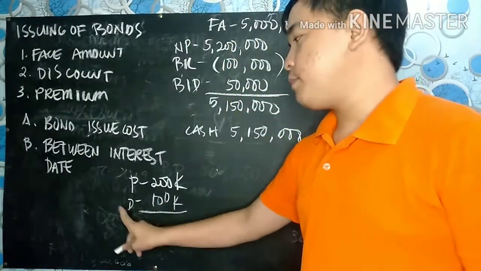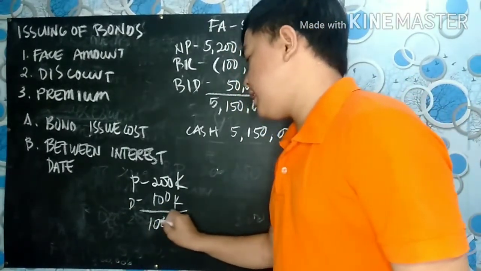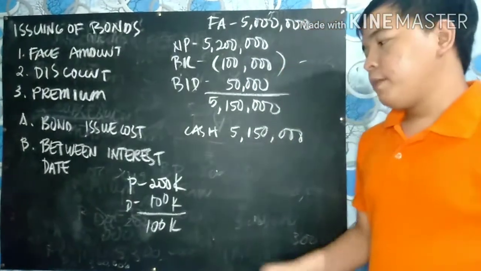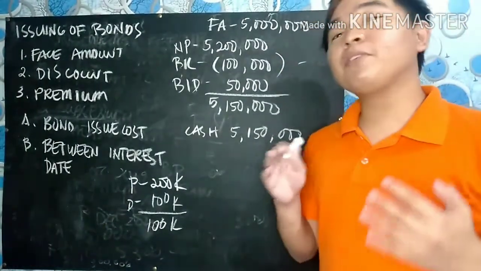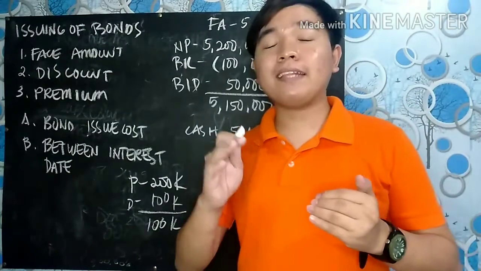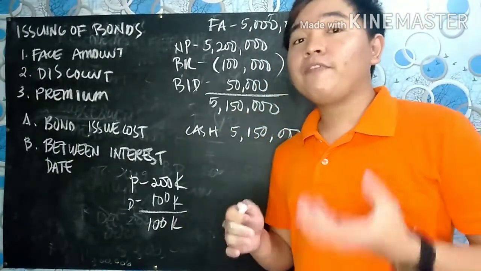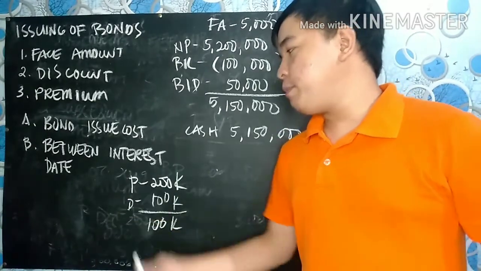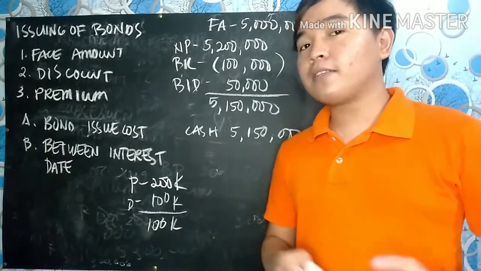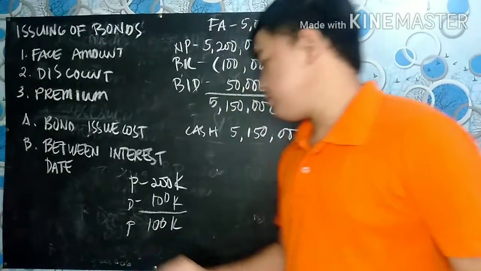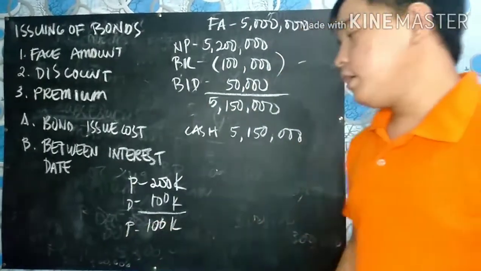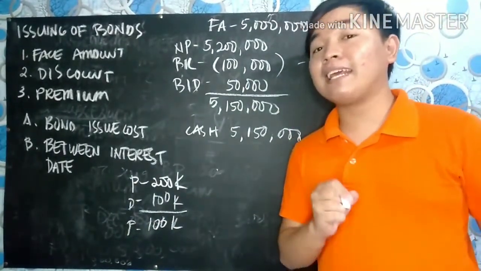So, the difference between the two is 100,000. So, pag ganyan, pag meron siyang premium and discount, kukunin mo na lang yung difference at kung ano yung pinakamalaki, yun yung magiging valuation account niya. So, ano yung pinakamalaki? Of course, the premium. So, ang i-record natin premium is 100,000.